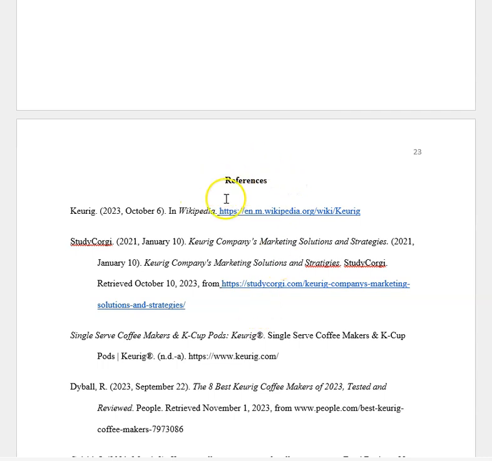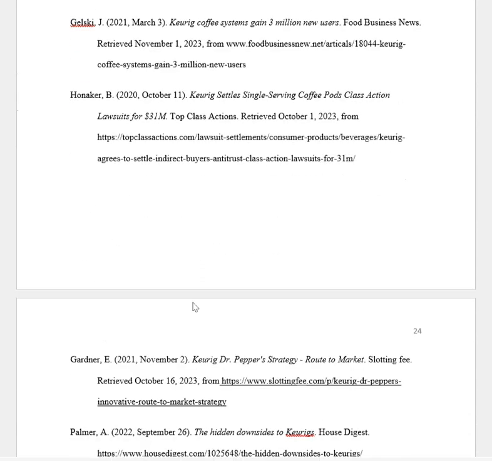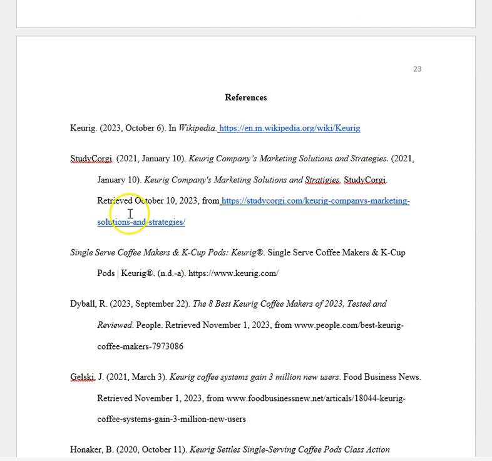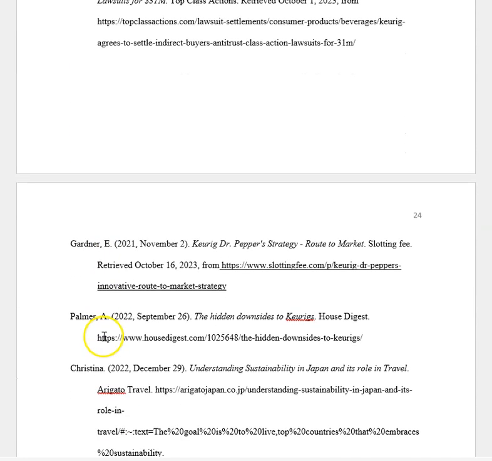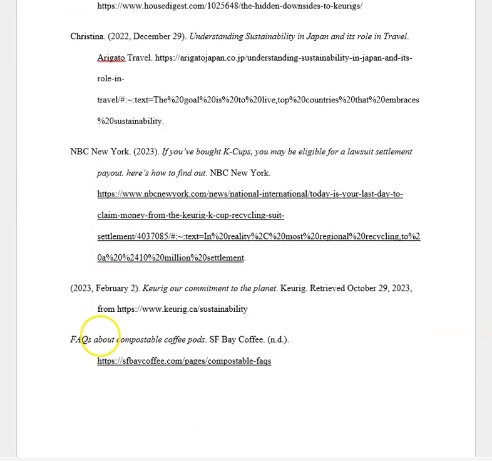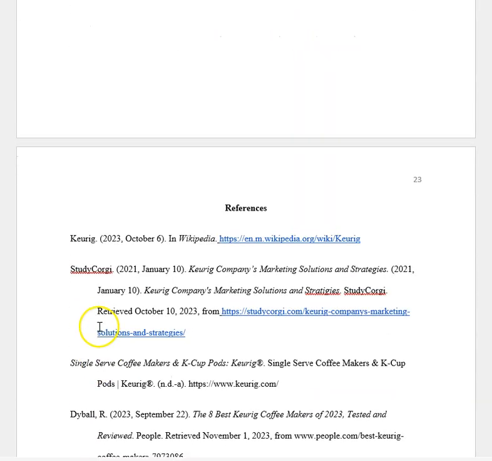So you notice this is another level 1 heading, references, so they did that right. That Angel reference doesn't seem to appear in here. And that should have been an author. They've got Keurig as the first one. These should all be in alphabetical order too, so you can see that they just threw these things together last minute.